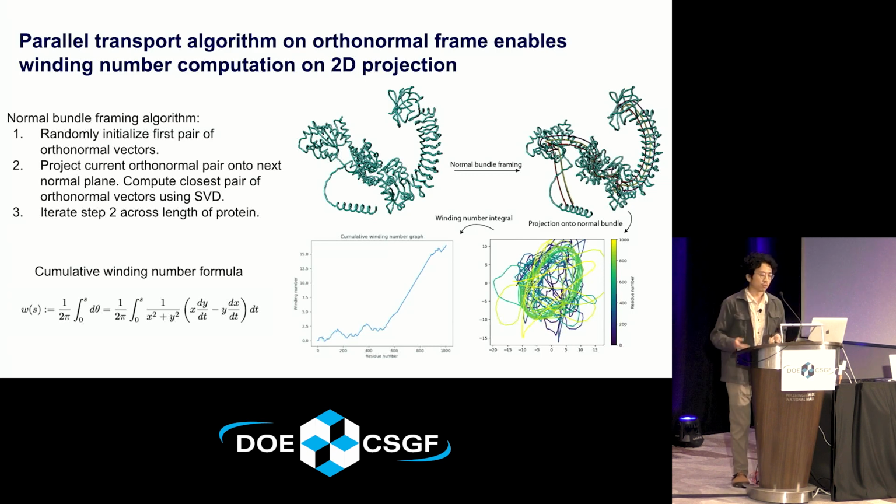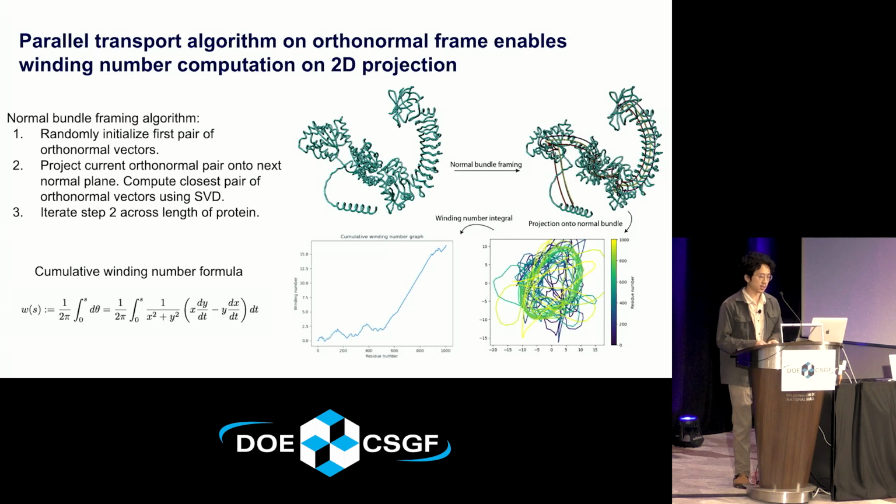The idea being that once you've made this projection, you can describe the slinky portion of the protein as being the segment of this projection which winds around a circle around the origin. And we do this process, which I call normal bundle framing, which is just a fancy way of saying that we are identifying different cross-sections of the coil with one another.